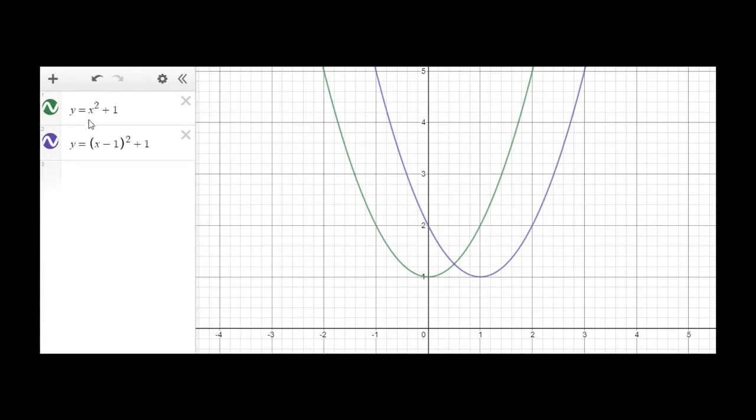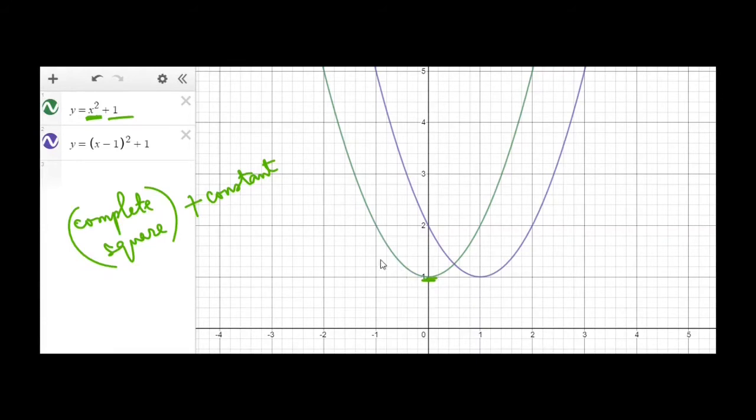Here also we see this is a complete square in x, and we have plus some constant. Complete square plus constant. So this has no zeros. This polynomial curve is not intersecting the x-axis here.